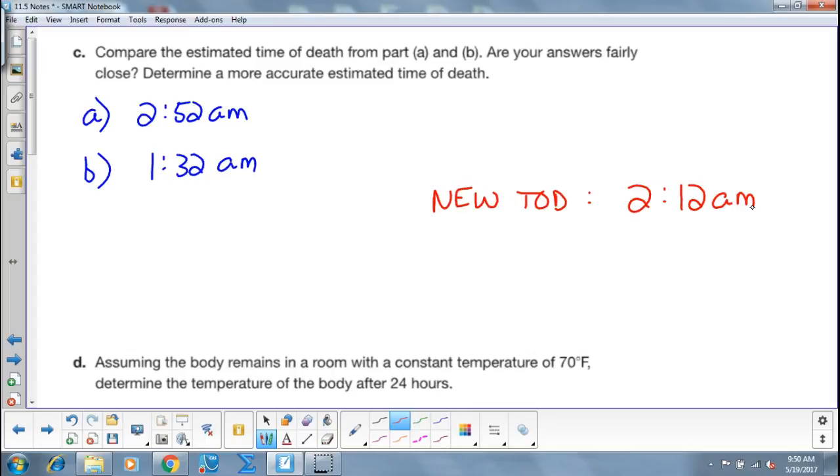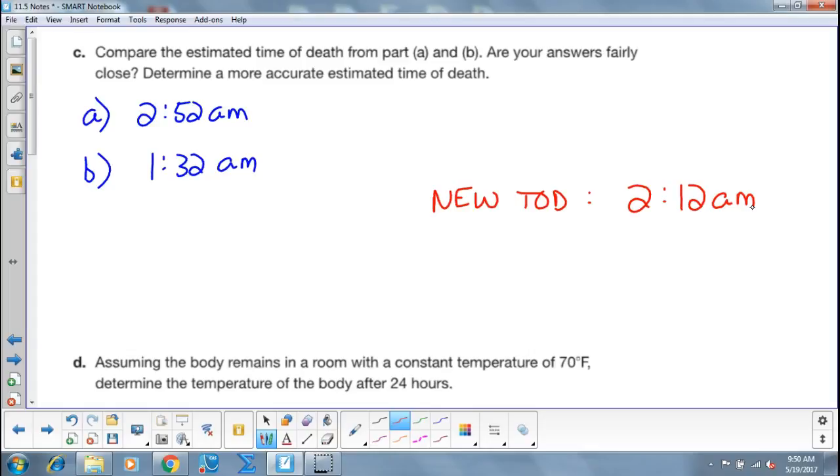If I average those two? Because there's 80 minutes in between, so I either got to take 40 minutes off of A or add 40 to B. Okay.